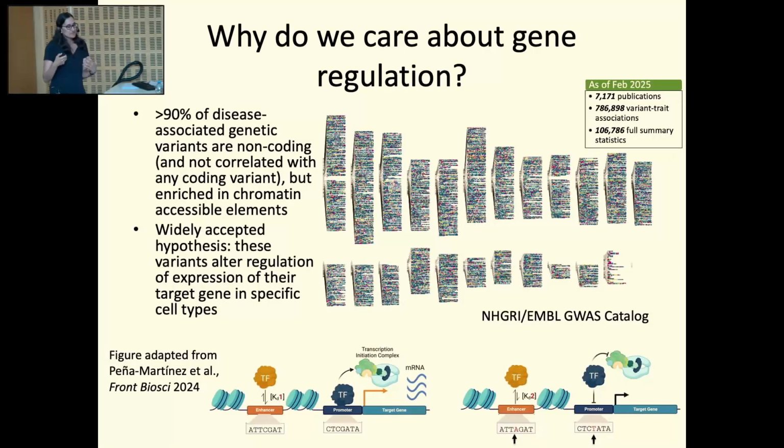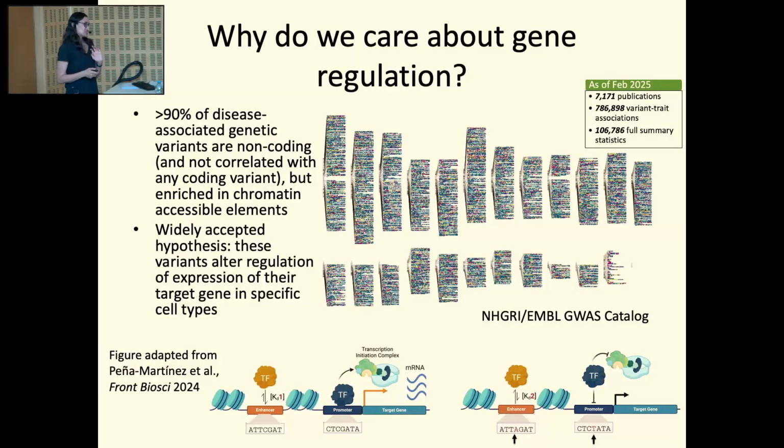Okay, so the next part is, if all of these variants associated with disease changed the message, right? If they were encoding regions of the genome, we would know what to do. We would try to figure out how that altered message might alter function.